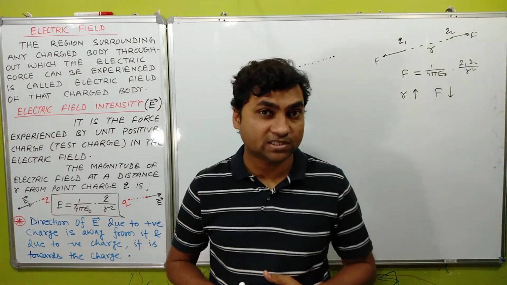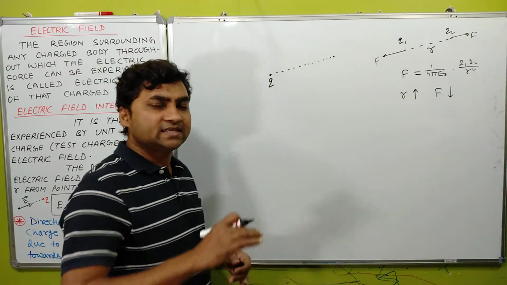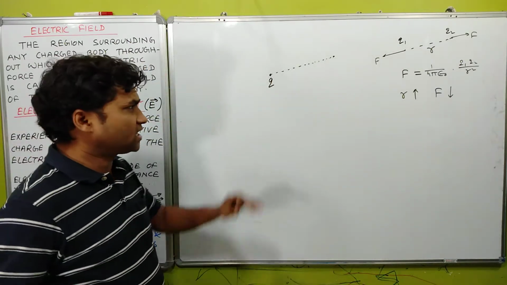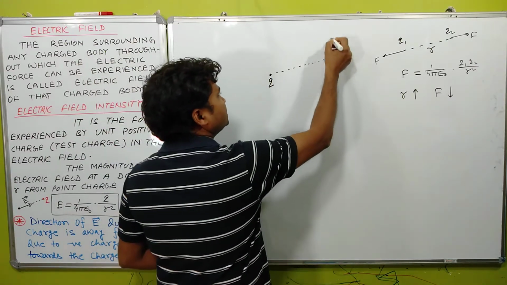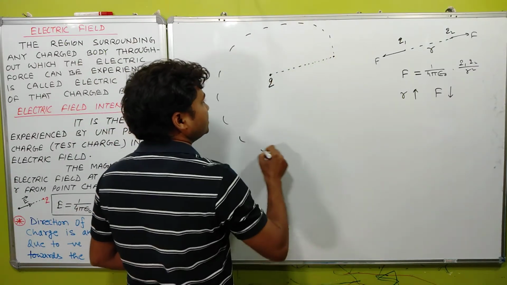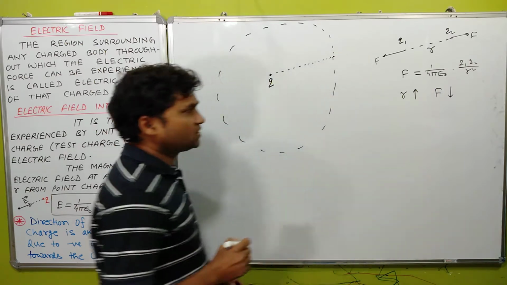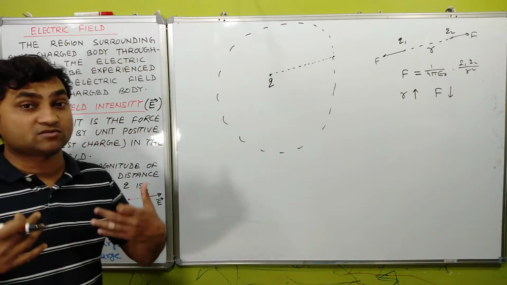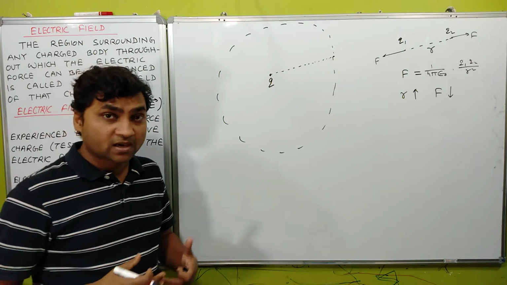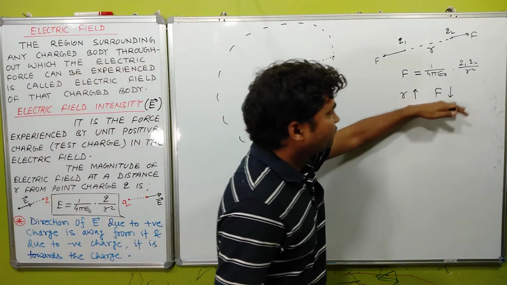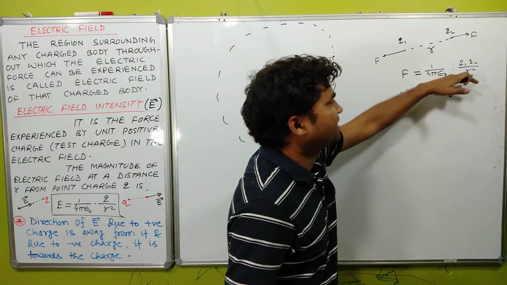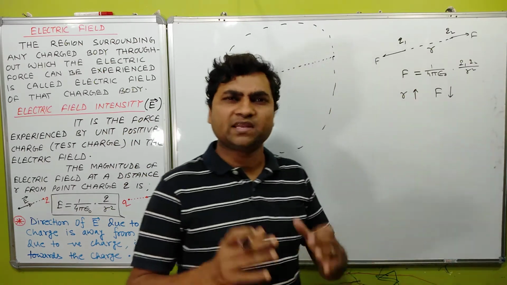Then now what is electric field? Electric field is the region surrounding any charged particle where the electric force can be experienced. Why? Because after a certain distance, after a certain limit, the value of force will become very less.